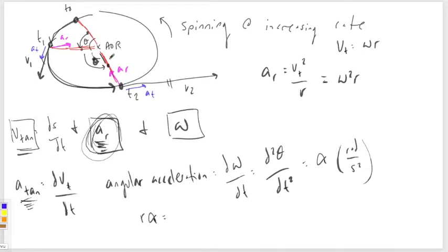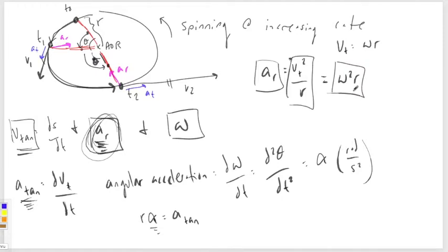Radius, where the radius is how far away the particle is from the axis of rotation, the radius times the angular quantity, angular acceleration, will equal a tan. So I guess what I'm telling you is that we can go back and forth between radial acceleration, defining that with linear quantities like tangential velocity, and then defining it with angular quantities. And we can do the exact same thing for tangential acceleration and angular acceleration.